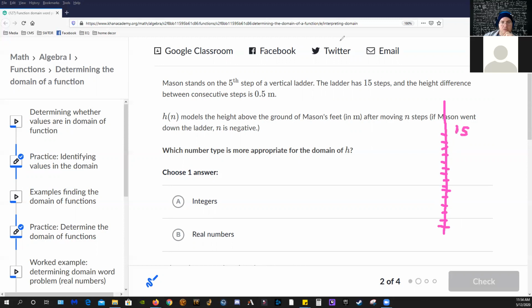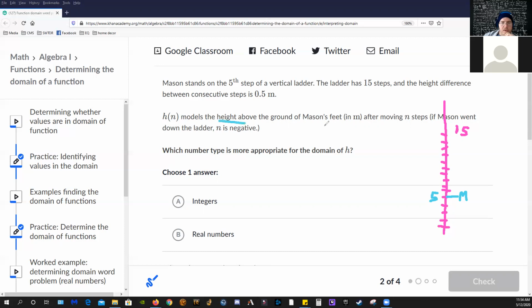And he is on step 5. 1, 2, 3, 4, 5. Okay, he's on the 5th step of a vertical ladder. It's 15 steps. The height between them is 0.5 meters.